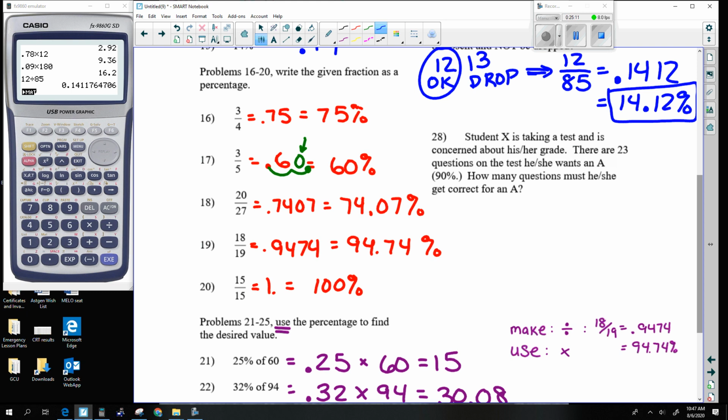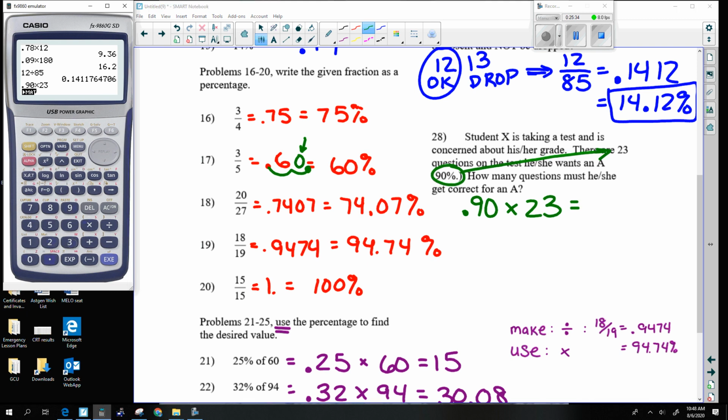Do we have a percentage or do we need to make a percentage? We have a percentage. We want to get 90% of 23. 20.7 questions they have to get correct.